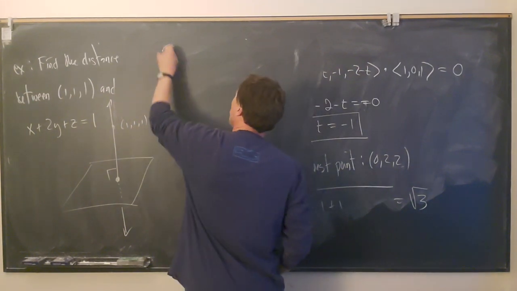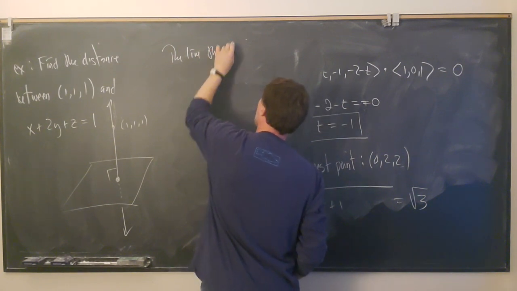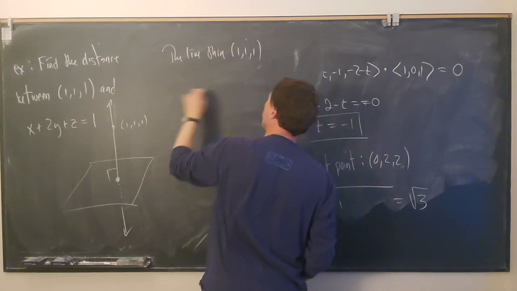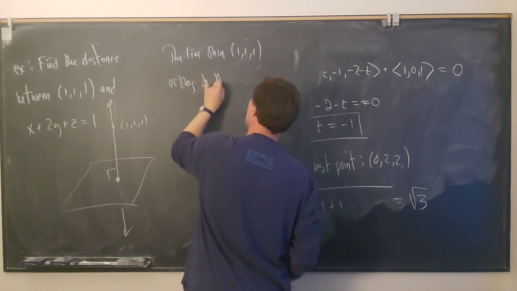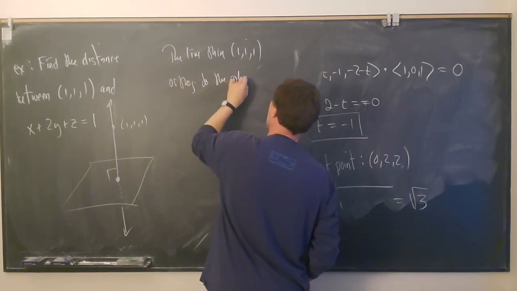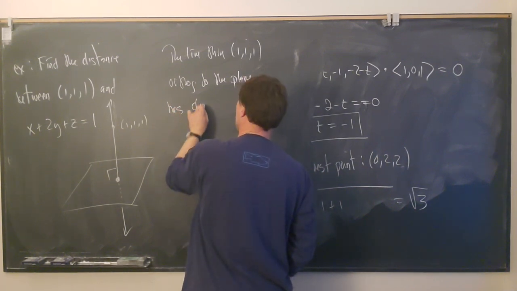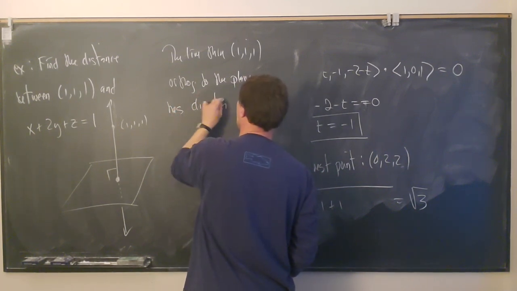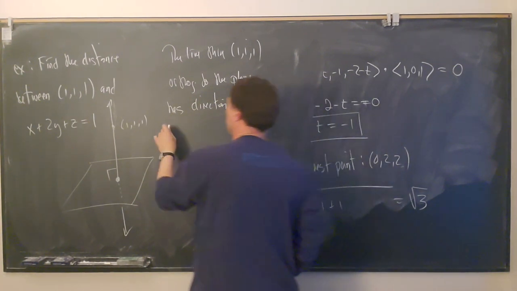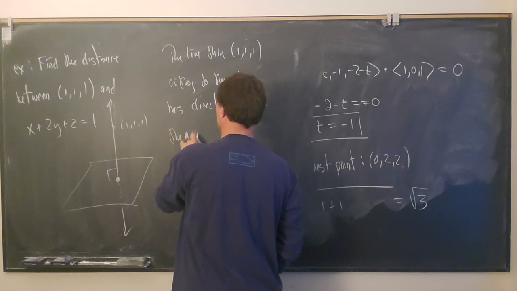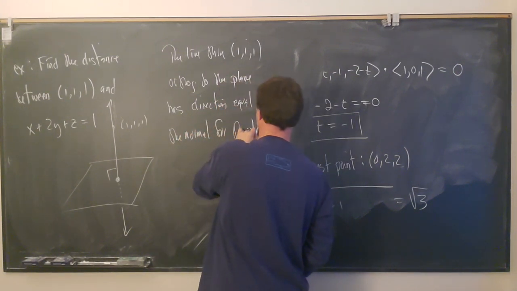So the line through 1, 1, 1, orthogonal to the plane, has direction vector equal to the normal vector for the plane.